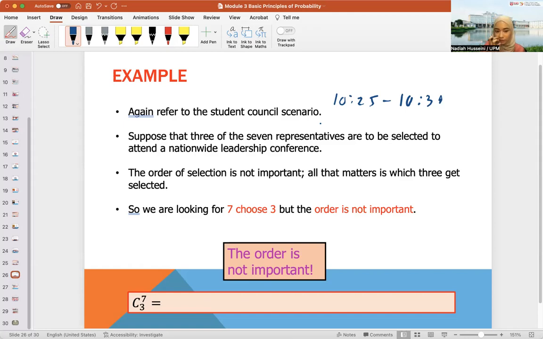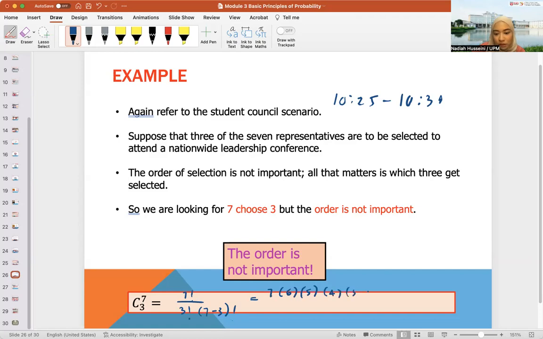So C, 7, choose 3. What is the equation to write? It is 7 factorial over 3 factorial times (7 minus 3) factorial. Okay, so let's do this. I'm going to be brave and write this down.